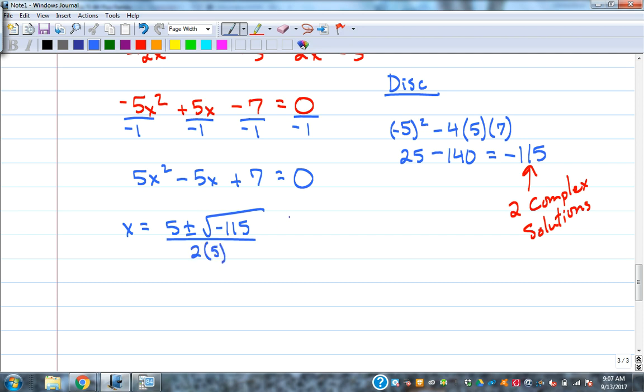All right, so we've got to think about breaking down the 115. I know 5 goes into it 23 times, but then it doesn't go any further. So in 115 nothing comes out except for what? The I. This is x equals 5 plus or minus I radical 115 over 10.